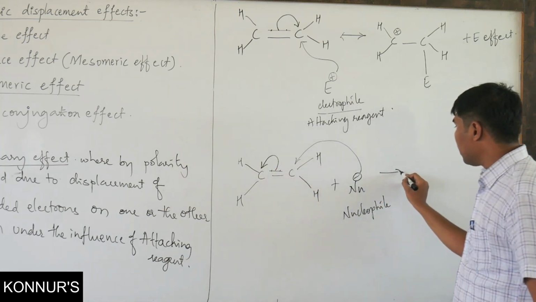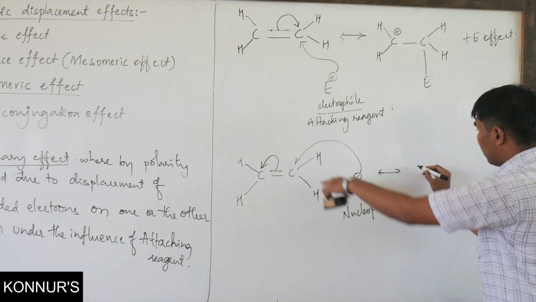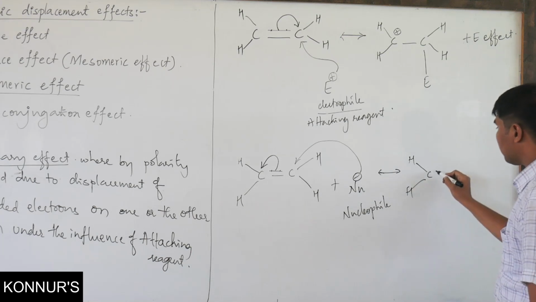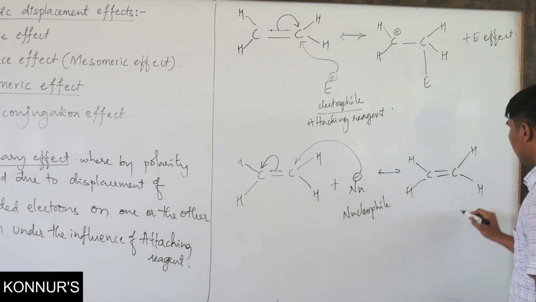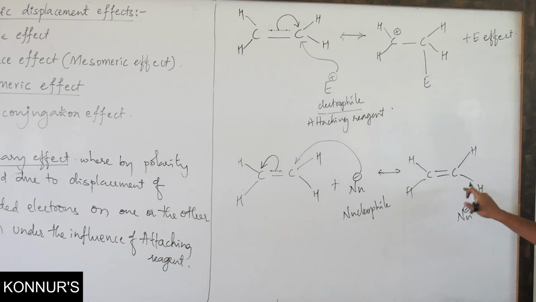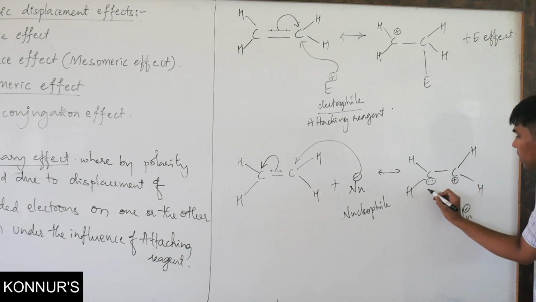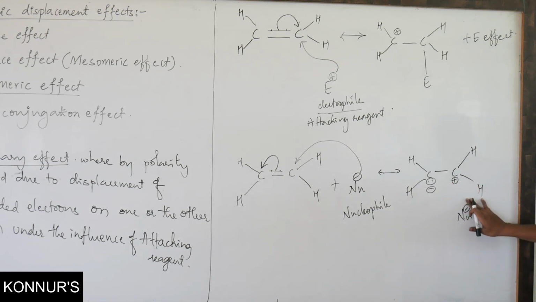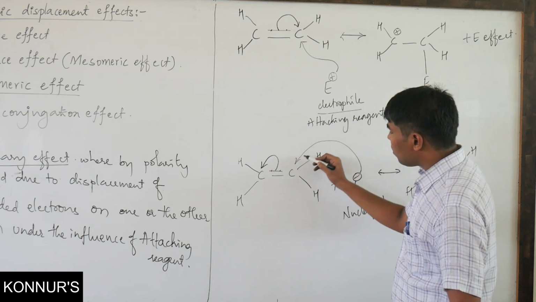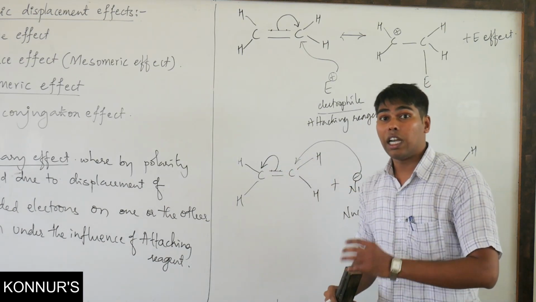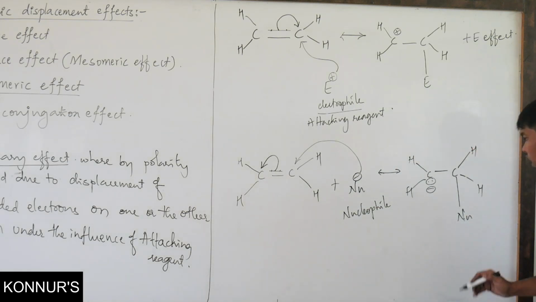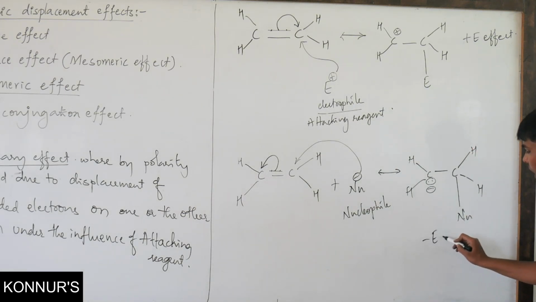So, hydrogen, carbon, and this is hydrogen, double bond was there, and the nucleophile is the electron rich center, and it is going to attack this carbon, and the electron displacement will take place away from this carbon, so it should be positive. By gaining the electron rich center, this becomes electron negative. So there is a bond between the nucleophile and the carbon. So if the electronic displacement takes place away from the attacking reagent, this effect is called the minus E effect.